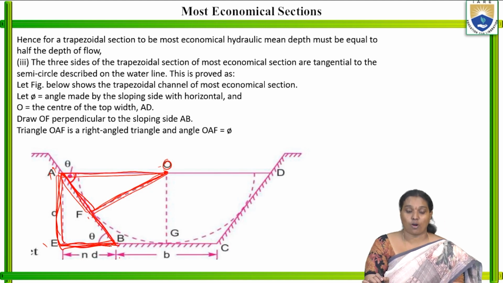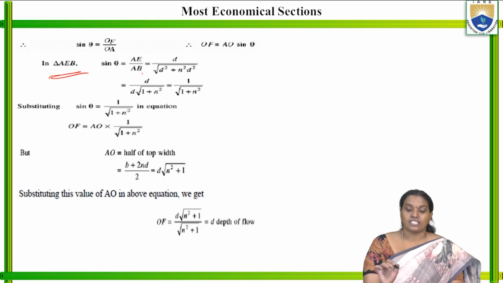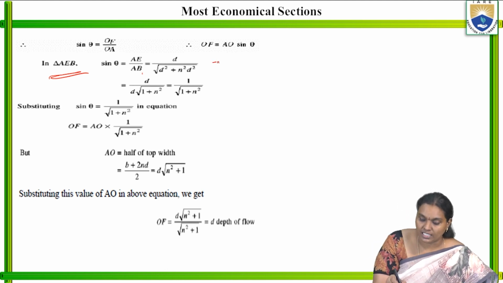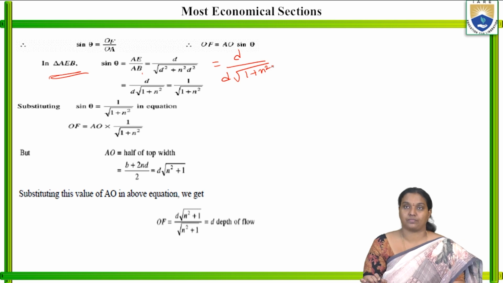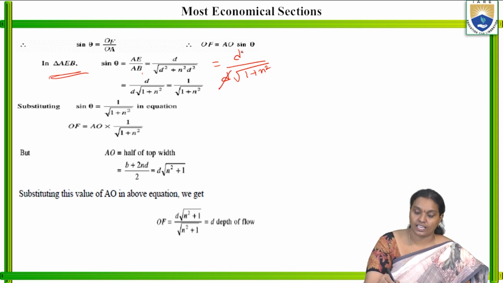This is the formula from triangle AEB. Sin theta is equal to AE by AB, that is D by root D square plus N square D square, so D by D root 1 plus N square. D cancels, finally 1 by root 1 plus N square.